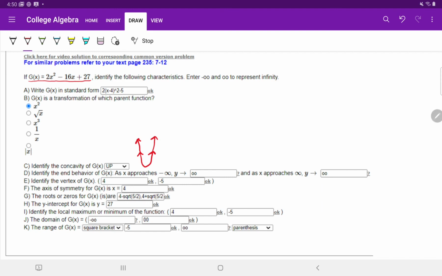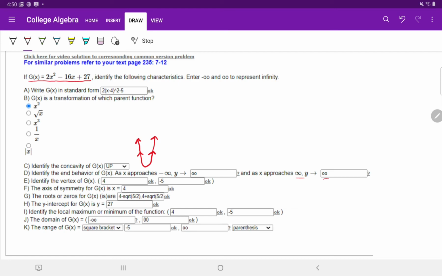So D is pretty easy to answer as well. As x approaches negative infinity, which means as we look left on the graph, y is going to be approaching positive infinity because it's going up forever. As x approaches positive infinity, which means as we look right on the graph, y is going to approach positive infinity.